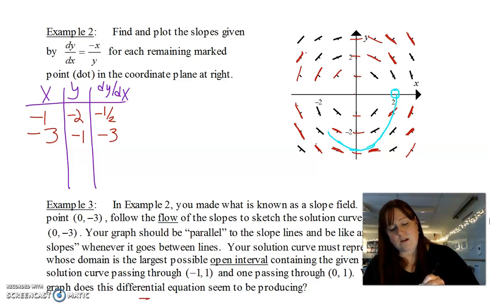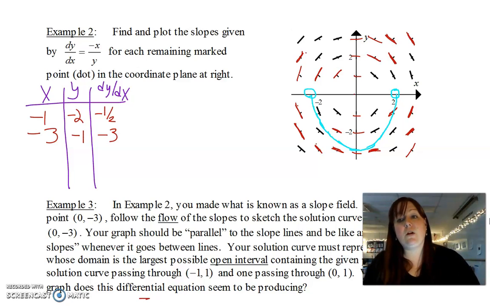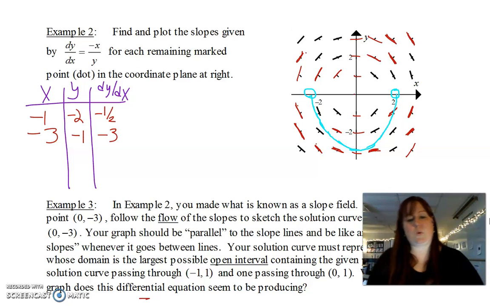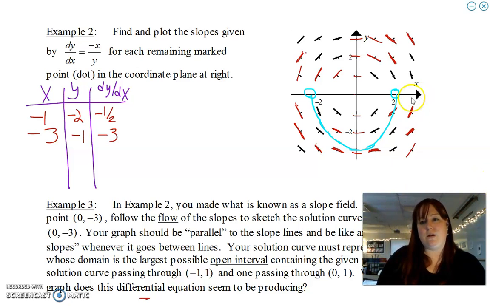And so we're just trying to draw our lines so they're parallel to those slopes. I feel like I didn't do a great job over here. Maybe it's my slope field line that's a little off. It should be more parallel to that. But that gives you an idea of what that would look like.